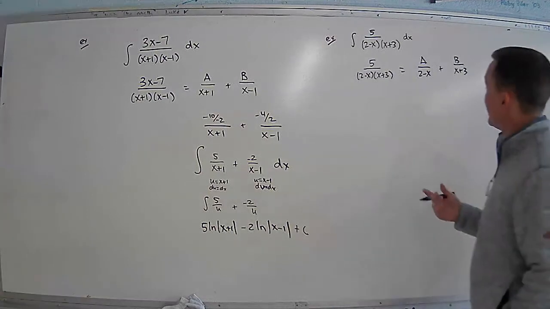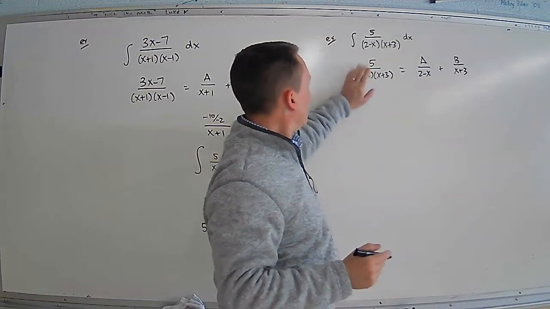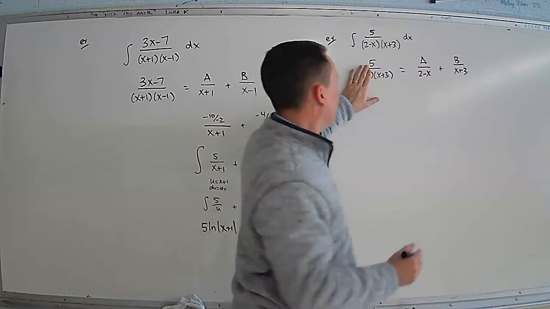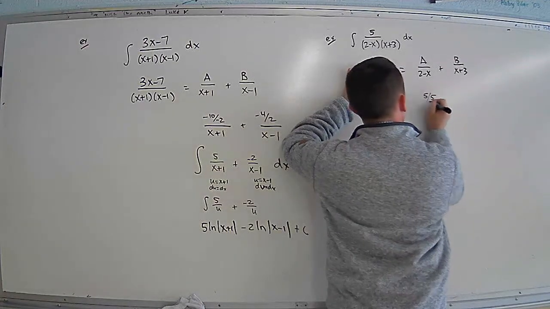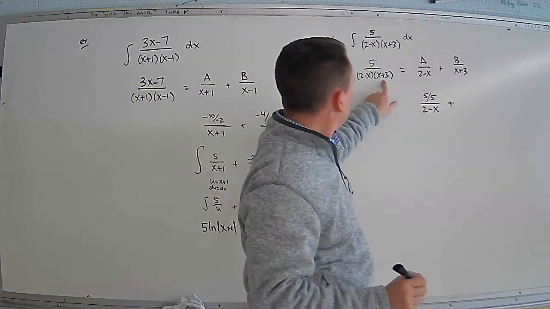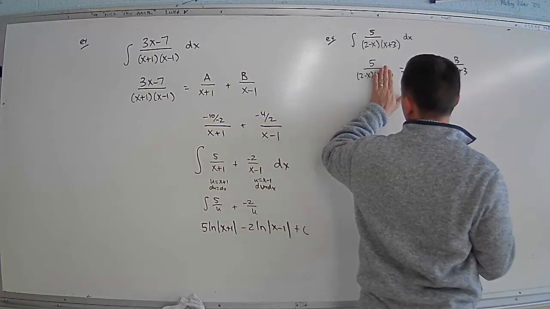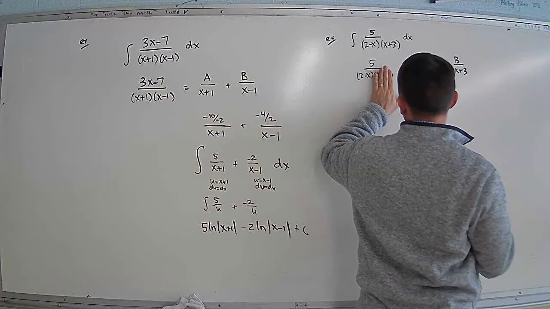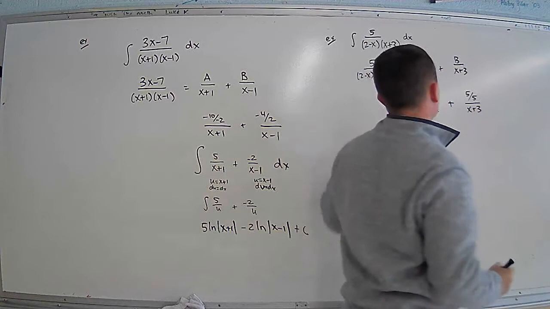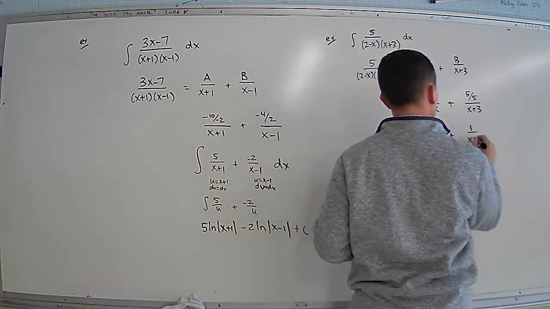Let's do the cover-up. Let's figure out what A is. 2 makes that 0, so I'm going to plug 2 in for x. That's 5 over 2 plus 3, which is 5, so 5 over 5 is A. I'll write it as 5 over 5 for now and simplify later. Then negative 3 makes that 0, so I'll cover that up. 5 over 2 minus negative 3, which is positive 5, so that's also 5 over 5. So we end up with 1 over 2 minus x plus 1 over x plus 3.